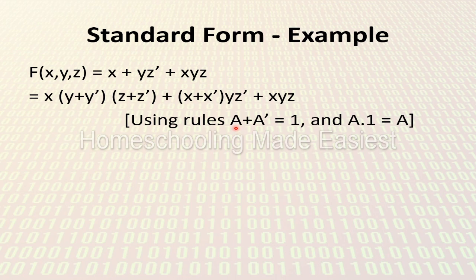For example, if the truth value of a is true, then true plus its complement, which is false, gives us true. So this y plus its complement is equal to 1, and z plus its complement is equal to 1.